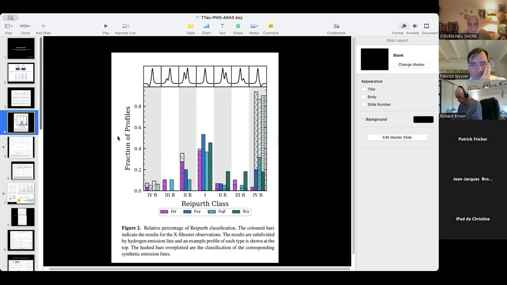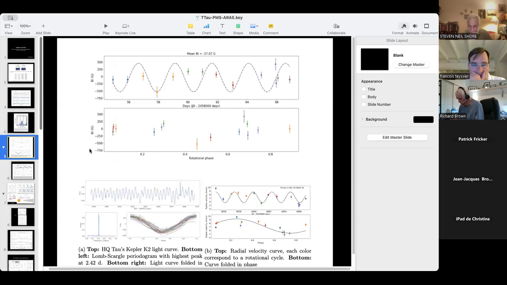And again, it's indicating that the environment is showing hydrogen emission, which means you've got to have tenuous hot plasma, at least a chromosphere, if not a chromosphere plus an accretion disk plus a wind, and clearly some high optical depth material.